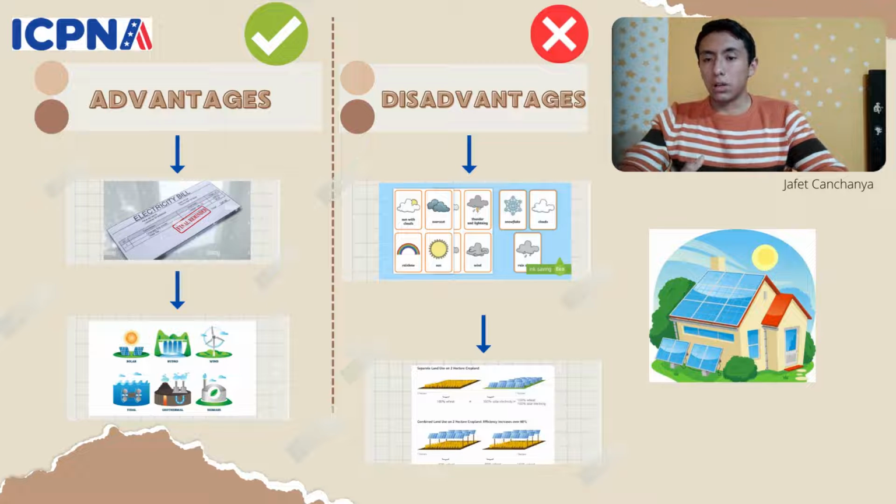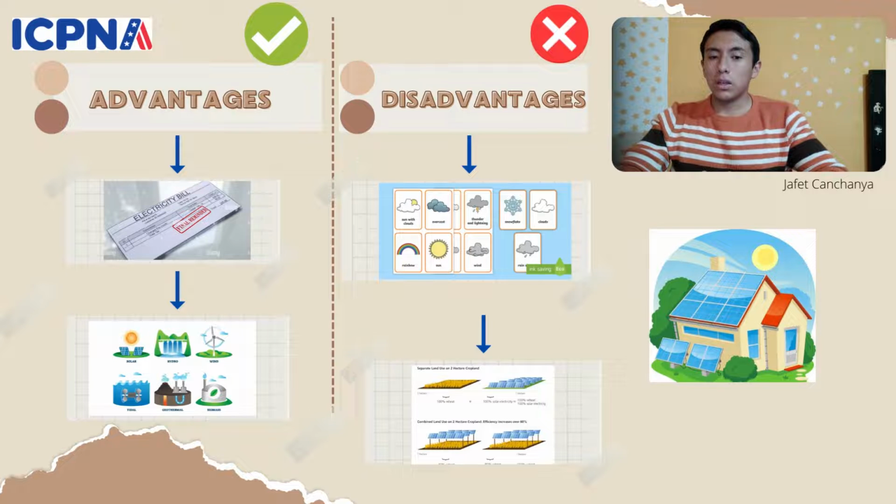The second disadvantage of solar energy is that it uses a lot of space. I strongly approve that this solar panel is going to take up a lot of space in your house.